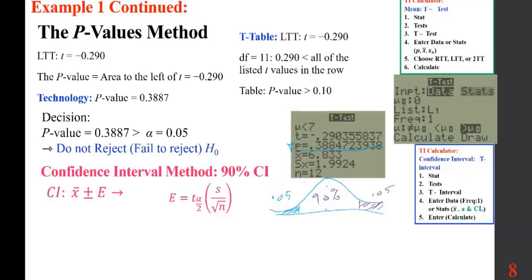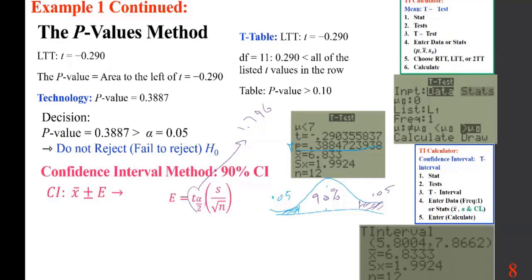In other words, the t that is used here is the same as the t we had in the previous page. Now remember, with the confidence interval we have plus minus, so you just use the plus and you do the work. When you go through the process, it will result in the following: the t interval 5.8004 to 7.8662. So what happens here?